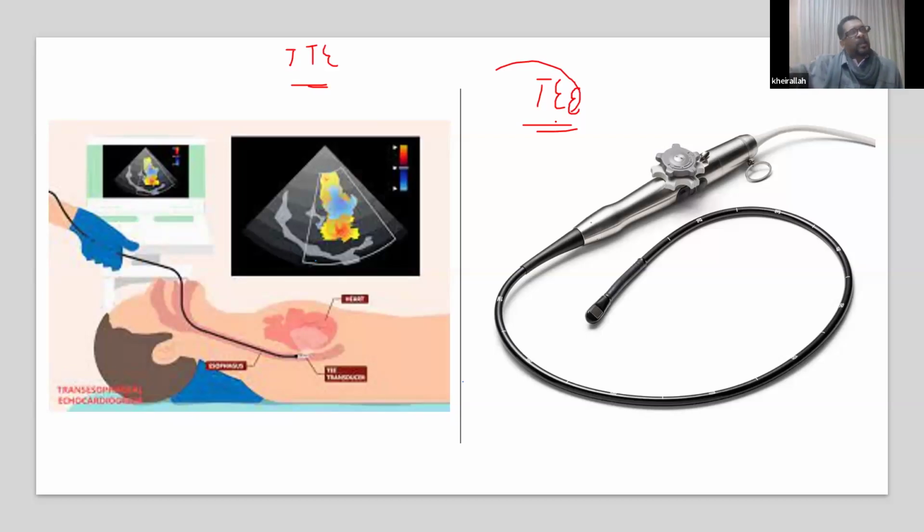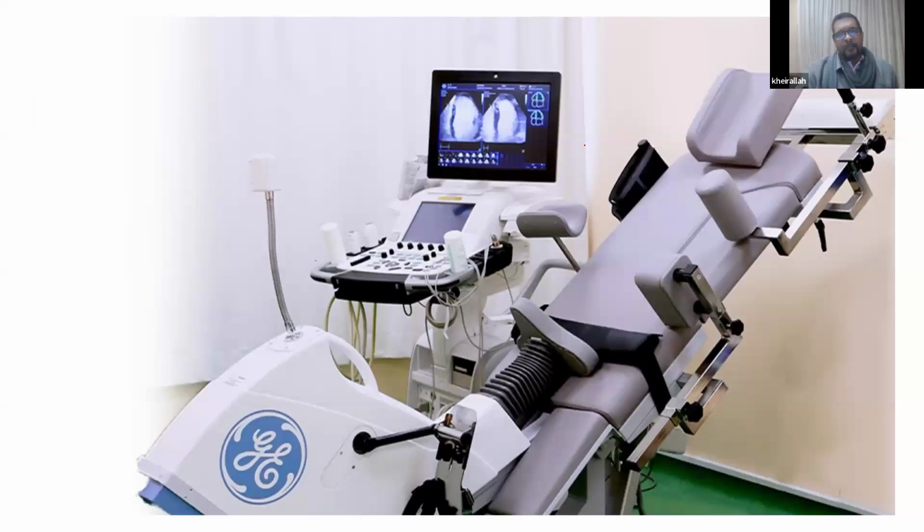After you do transthoracic echo, you want to refine the diagnosis. You want to go for a specific kind of question you need to answer, stuff like that. Because it is a semi-invasive procedure, so you don't do it as frequently as you do transthoracic echo. There is always a particular indication for using TEE.